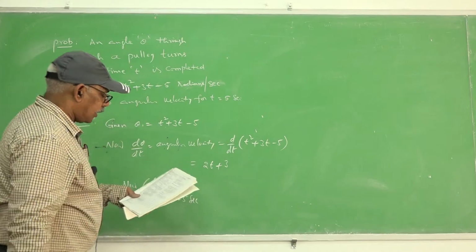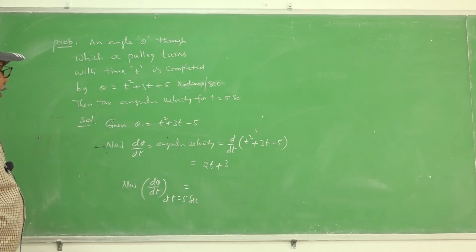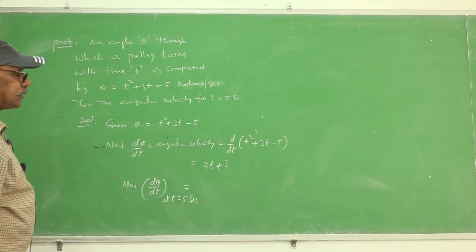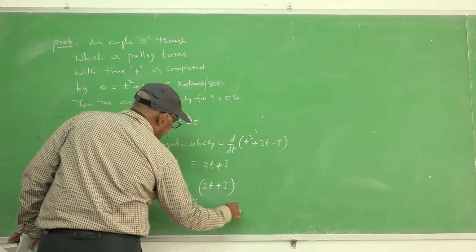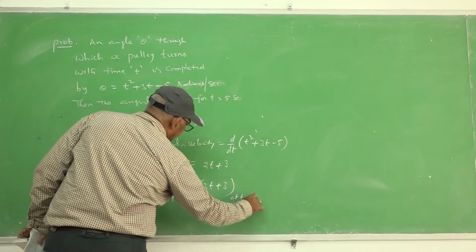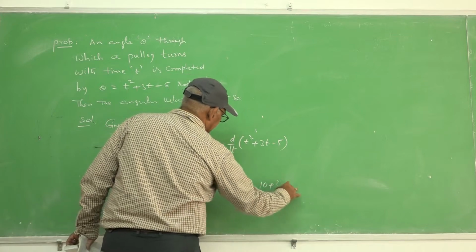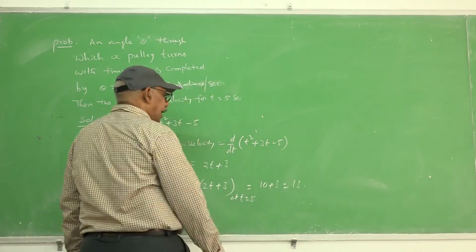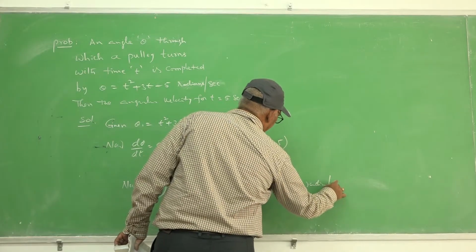That was wrongly displayed. Okay. d theta by dt at t equal to 5 seconds is 2t plus 3 at t equal to 5. Simply that is 10 plus 3, 13 radians per second.